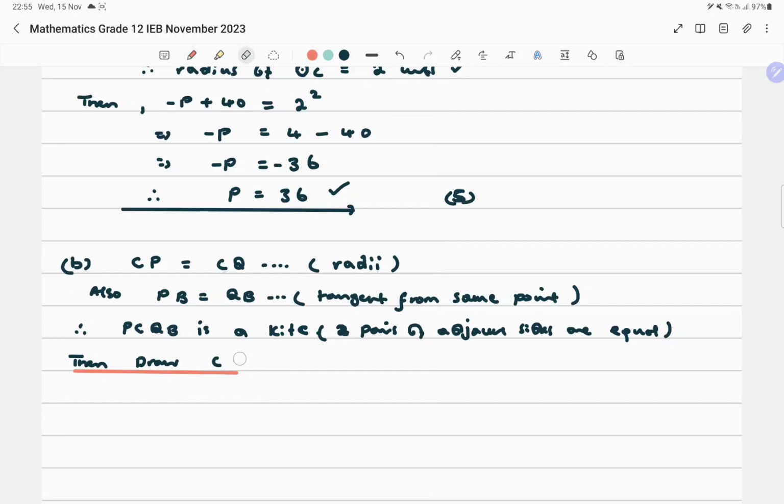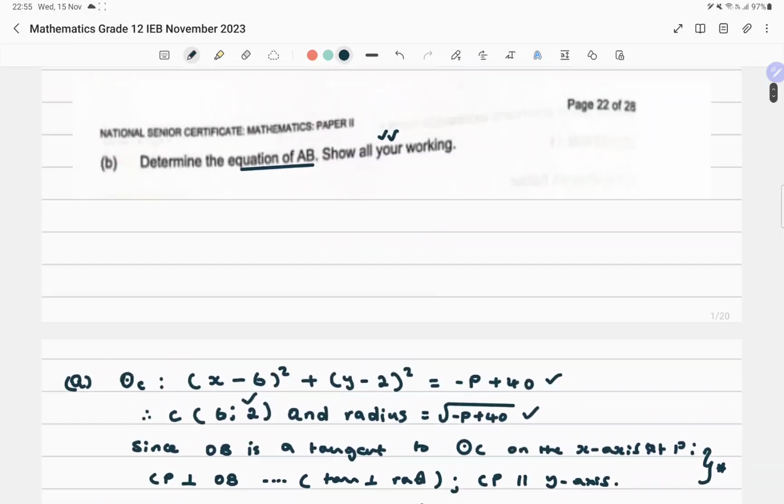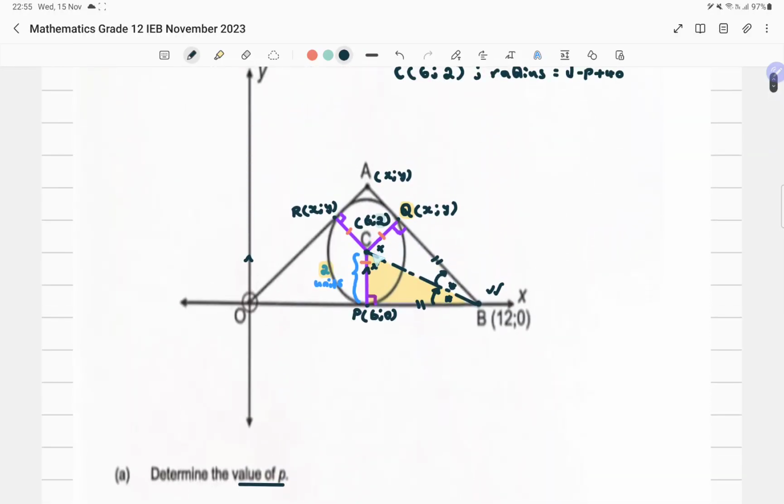Maybe let me write a bit more clearly. I know sometimes my writing is not the best, but we can say then, draw CB. We're not distorting the diagram, we're just constructing CB.